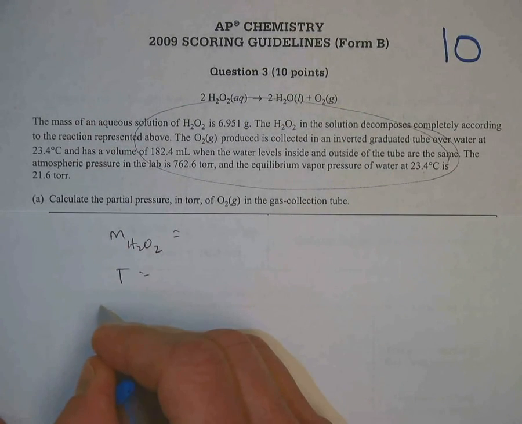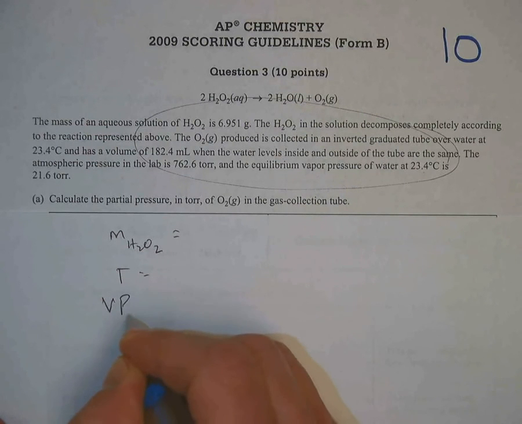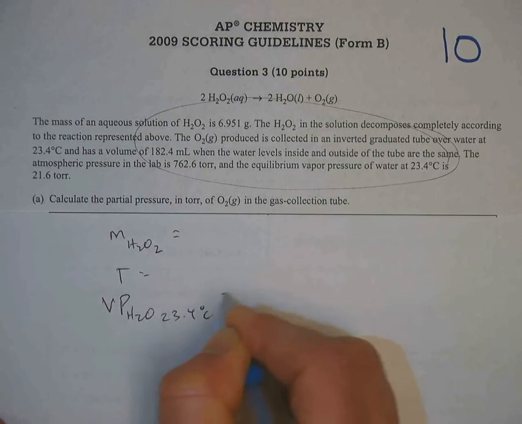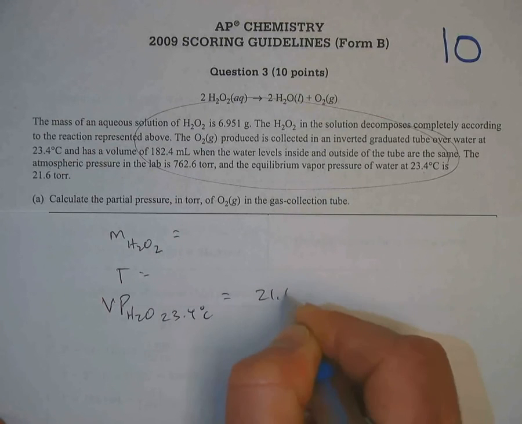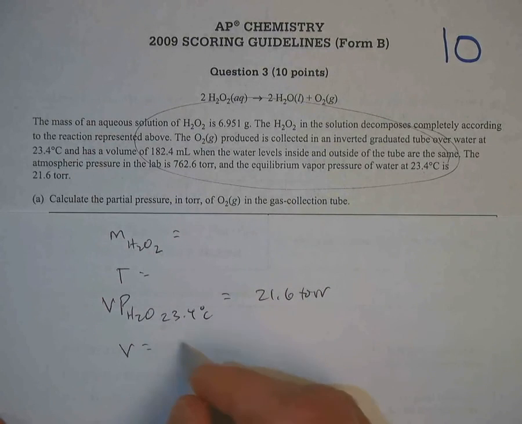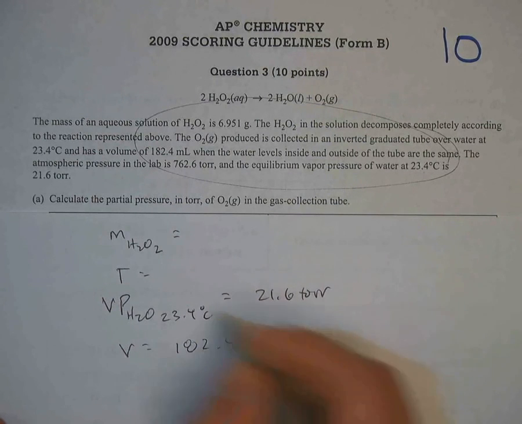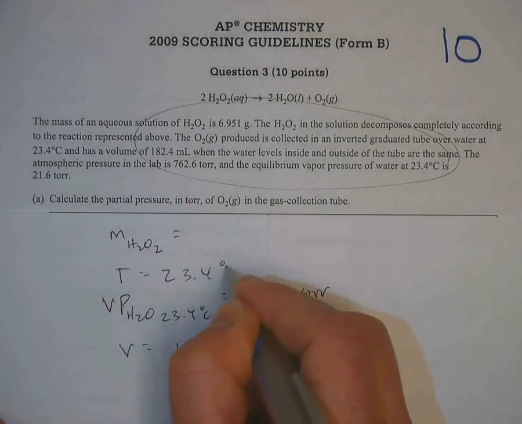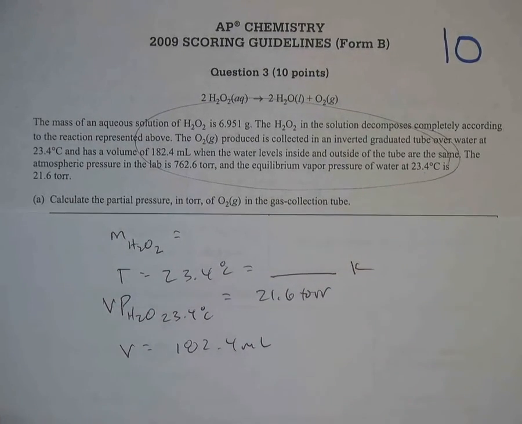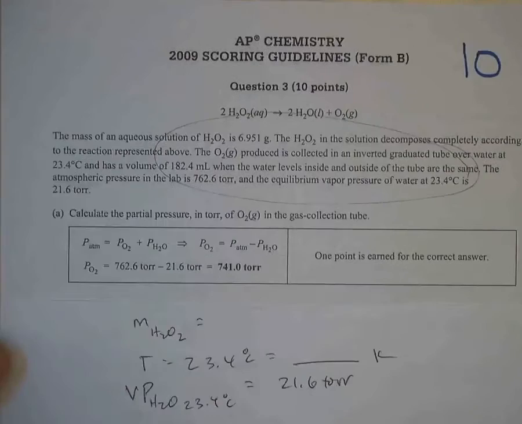What is the vapor pressure of the water at 23.4 degrees Celsius, which is 21.6 torr. Write down the volume, which is 182.4 milliliters. The temperature was 23.4 degrees Celsius, which I'd stick to Kelvin right away. Organize that data. Now let's take a look at how they solved it.